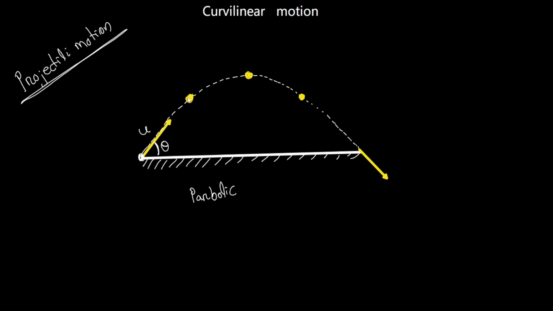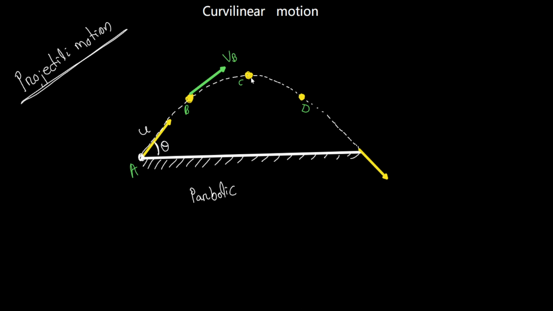This one is A, this one is B, this one is C, this one is D. What will be the velocity vector at point B? It will be tangent to the curve. That is the velocity at point B.